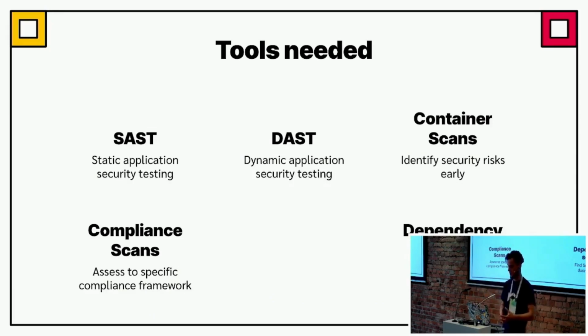So we need to start using different methods in the whole development process. In the early development process, we need to have static application testing. Static application testing is white box testing, which means that we do security checks on code level, that we have checks on the code base, that everything in the code base is running and secure.